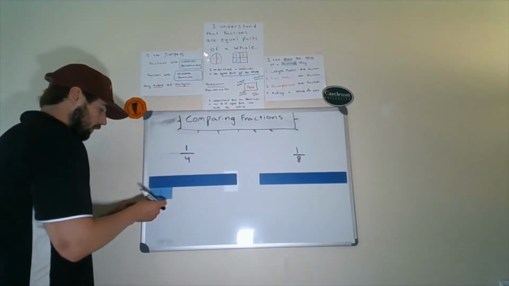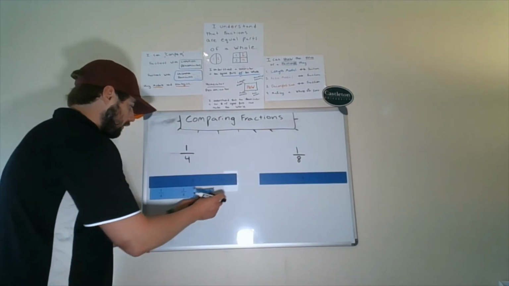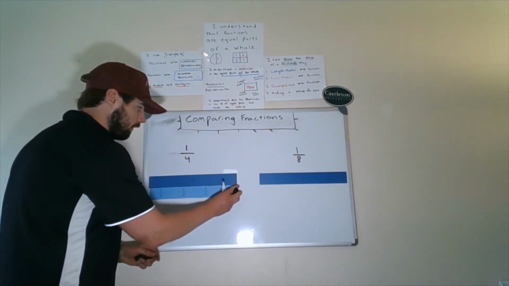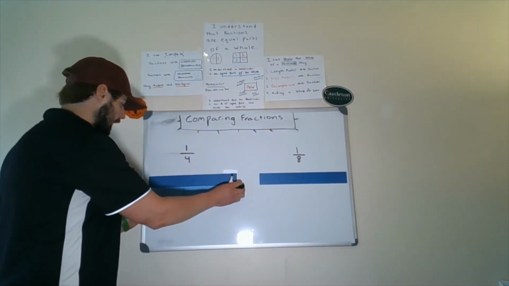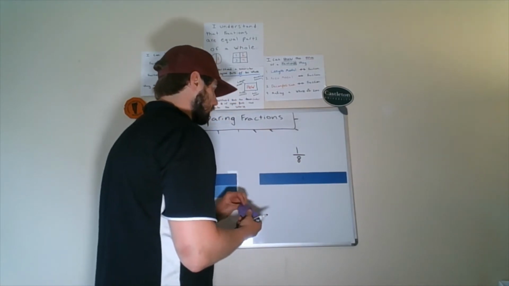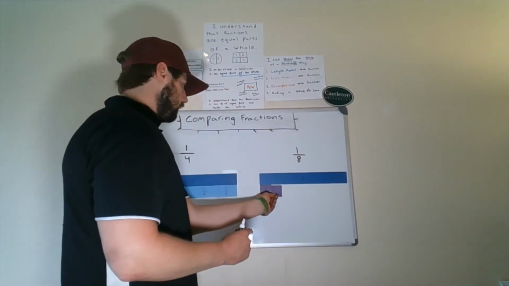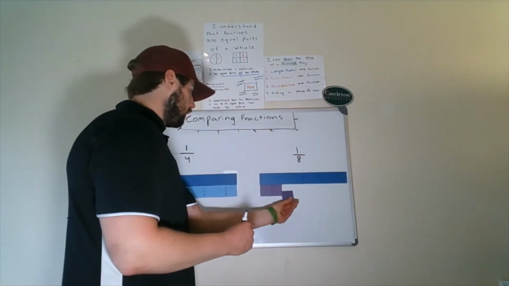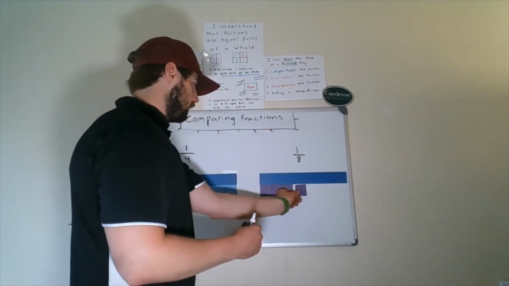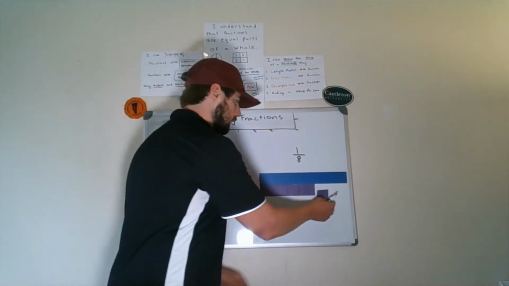4/4 is going to make that whole for 1/4. For our eighths, 8 equal parts is going to make our whole. 1, 2, 3, 4, 5, 6.